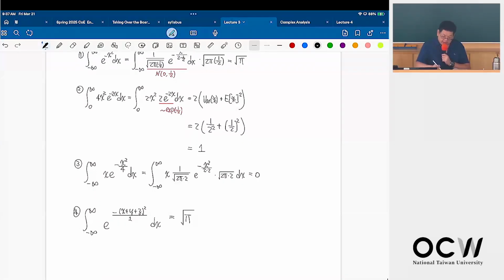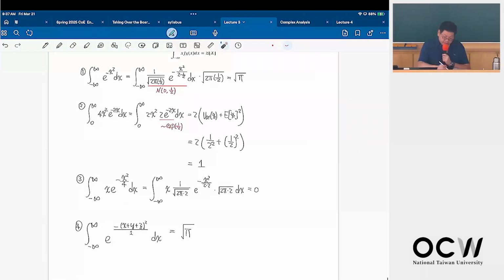It is exactly the same as the first example, because now I'm doing the integration with respect to x. Okay, so here, whatever it is, that will be your mean. And your variance is still 1/2.